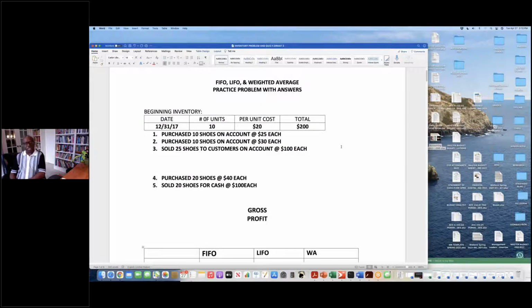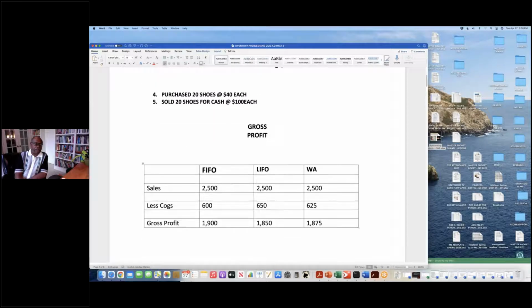But your job is, let's pick up 4 and 5. So for the C students, you're going to add 4 and 5 to what we've done so far and come up with another FIFO gross profit.